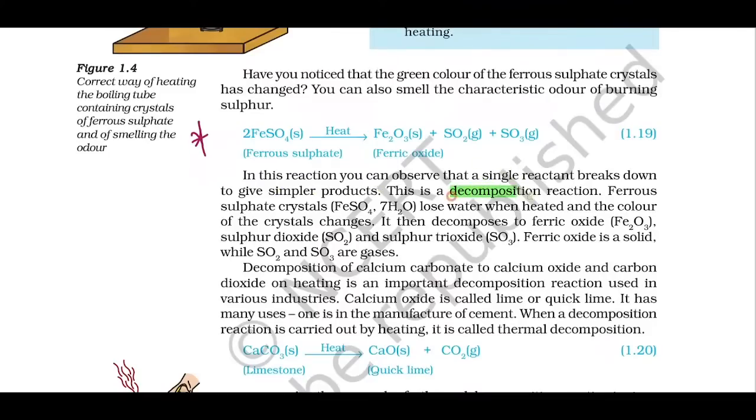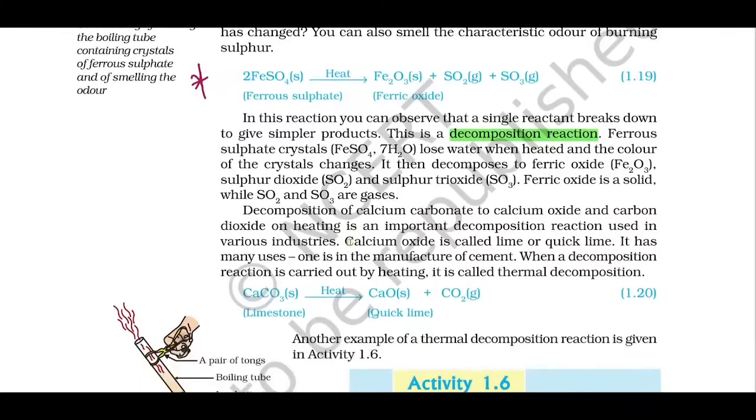This is an example for decomposition reaction. Ferrous sulfate crystals lose water when heated. The color of the crystal changes. Then it decomposes into ferric oxide, sulfur dioxide and sulfur trioxide. Ferric oxide is a solid, whereas sulfur dioxide and sulfur trioxide are gases.